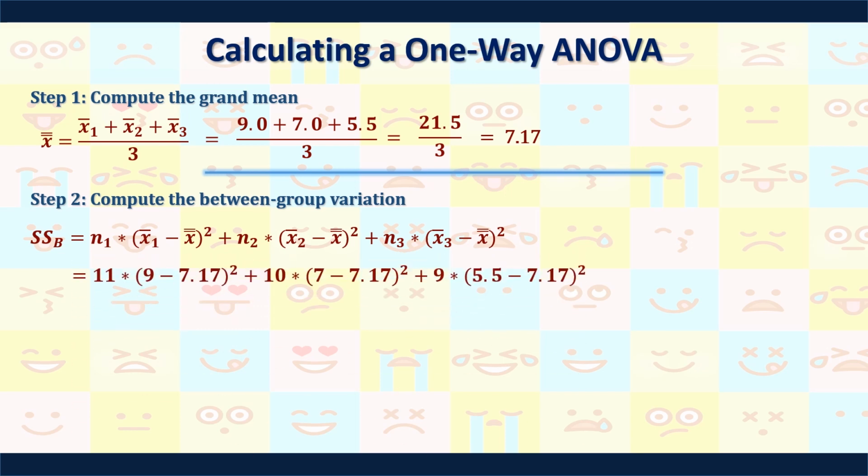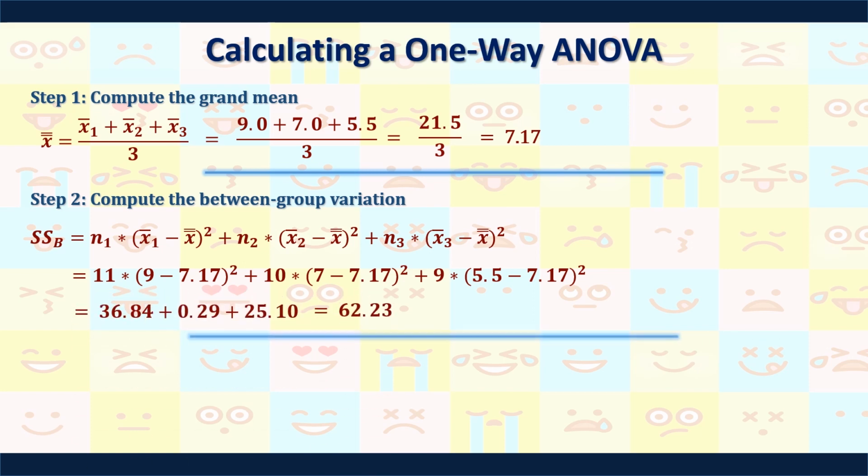So 11 represents the sample size of the negative letter writing group. 9 here represents its group mean. 7.17 is the grand mean we just computed in step 1, and we square the difference in the parentheses. We do that for all 3 groups, and then add those products together to get us a sum of squares between of 62.23.